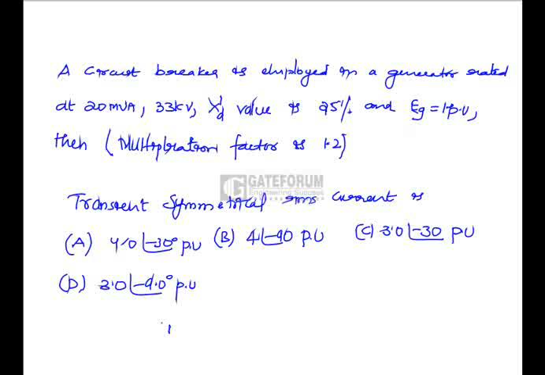I dash is equal to Eg by Xd dash, where Eg value is 1.0 by Xd dash. Transient reactance is 25%, so this is 0.25 j. Now this is equal to 4 at an angle minus 90 degrees per unit. Option B is correct.